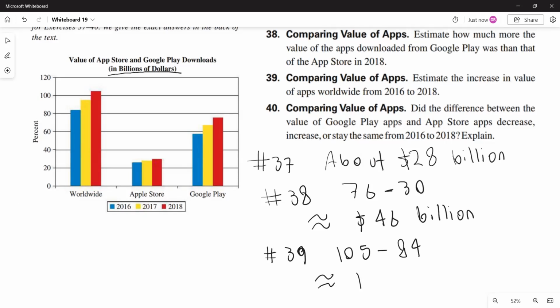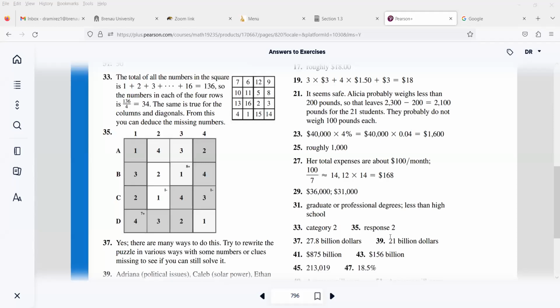So that's approximately 21 billion. And let's see what the book has. I'm not going to change the number, I'm just going to keep it like that. But 39, yeah, about $21 billion.